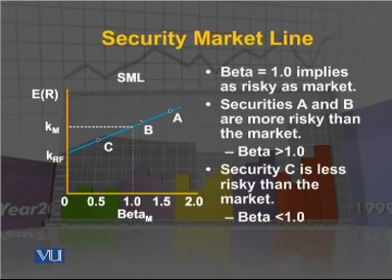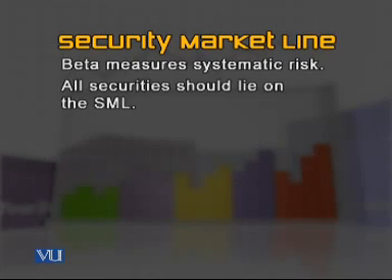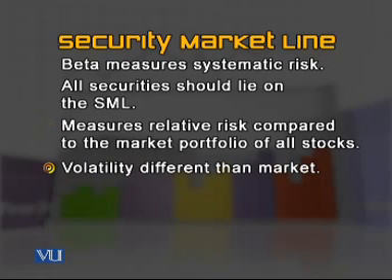So beta measures systematic risk. All securities should lie on the security market line. Betas measure relative risk. Betas measure the relative risk compared to the market portfolio of all stocks, and beta measures volatility that is different from the market.